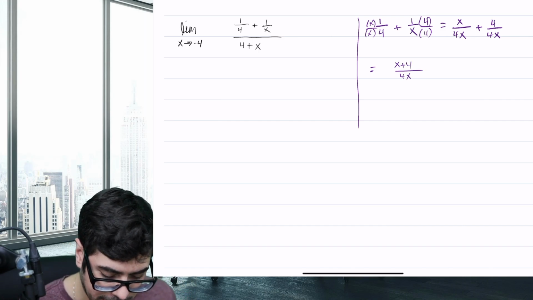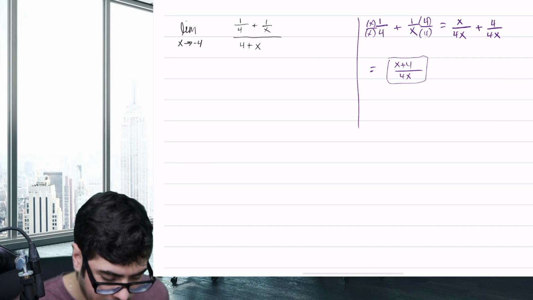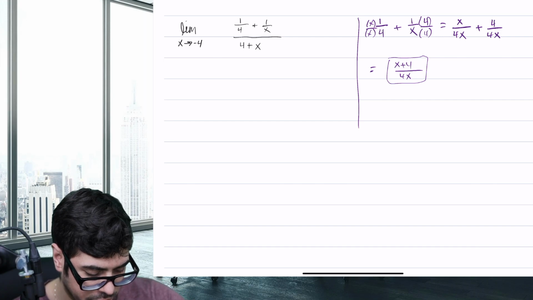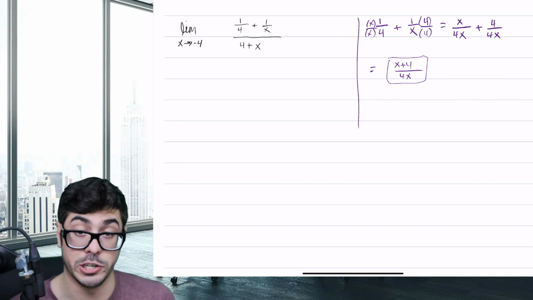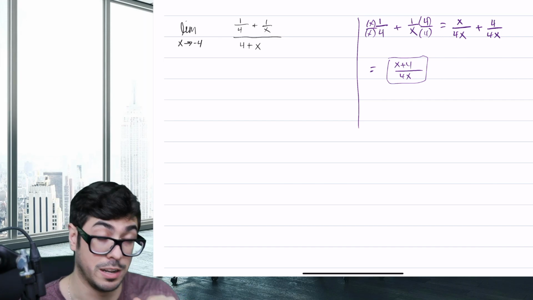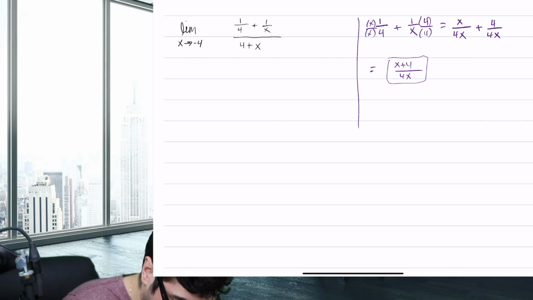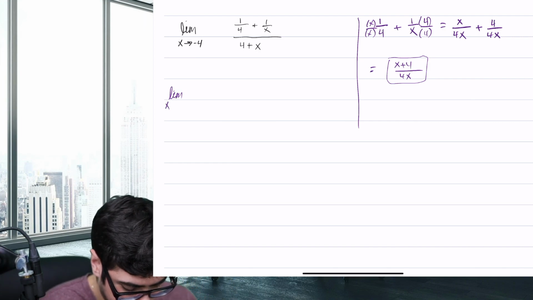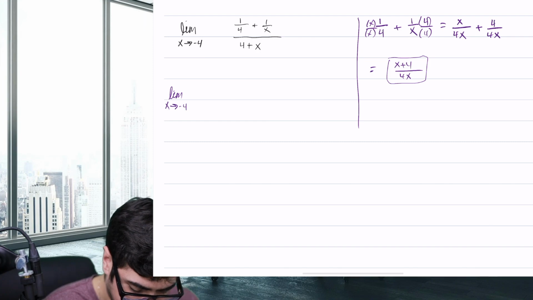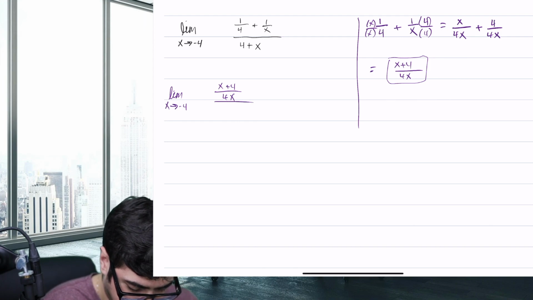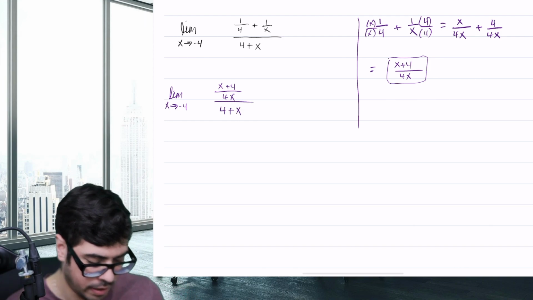Now I'm going to take this quantity and rewrite the limit, replacing the addition of the two original fractions with just this one, which makes the problem a little simpler and leaves less stuff to move around. So I'm going to do the limit as x approaches -4 of x plus 4 over 4x, over 4 plus x.